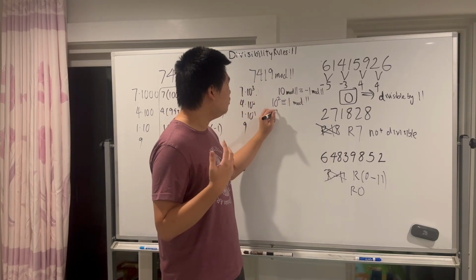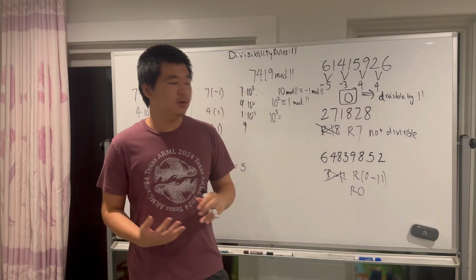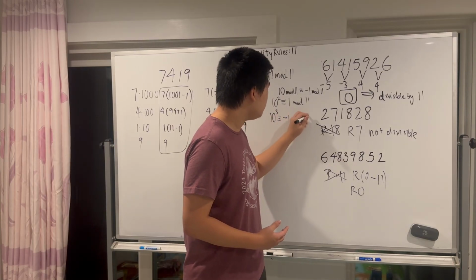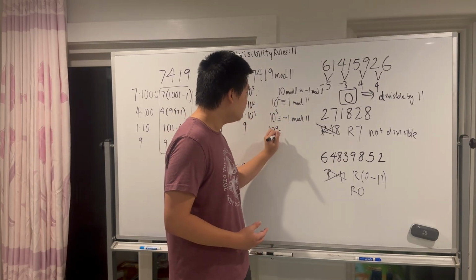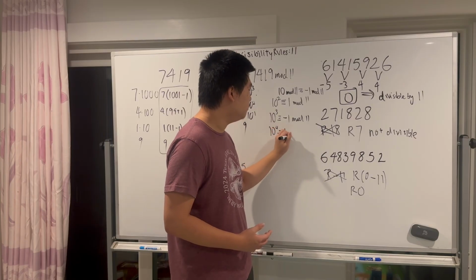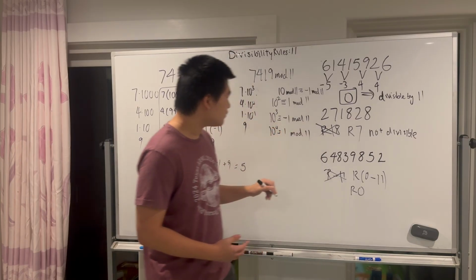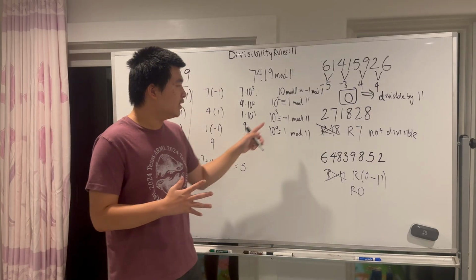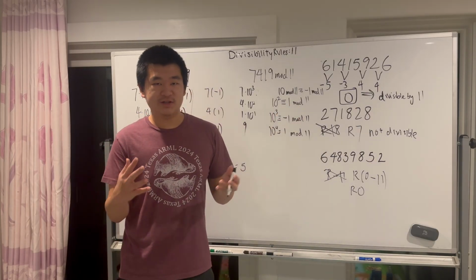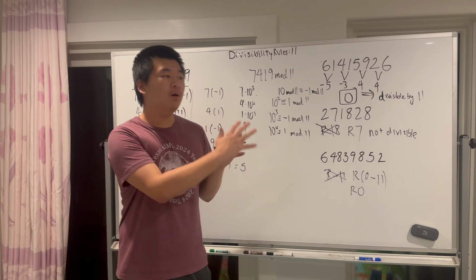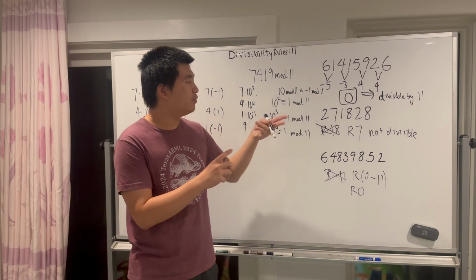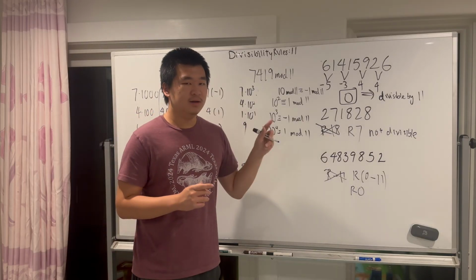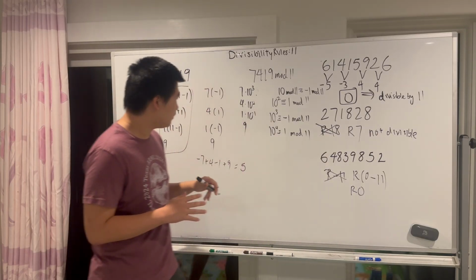Similarly, 10 cubed is equal to -1 cubed mod 11, but that's just -1 mod 11. 10 to the 4th is congruent to 1 mod 11 once again. You can see how this pattern continues. And this is a proof, because no matter what power you raise -1 to, it's always just going to alternate, flip between -1 and 1, -1 and 1. And so this is why we get that +1 -1.